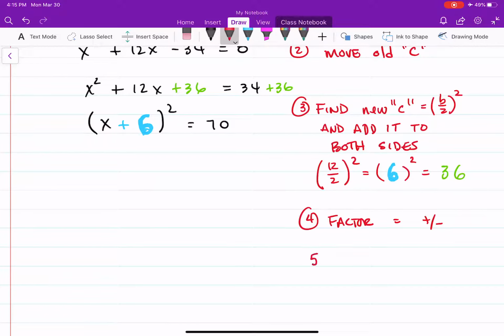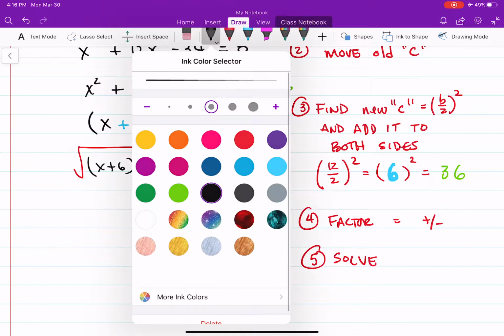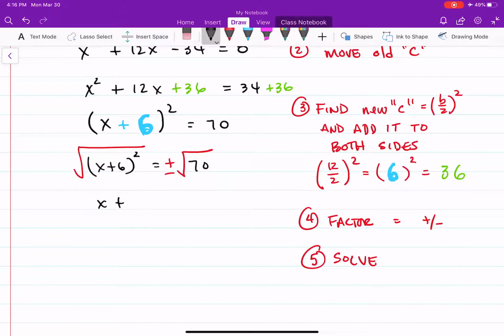And step 5 is to solve. Okay, so I have x plus 6 squared is equal to 70. I want to take the square root of both sides. Don't forget the plus and minus. So I have x plus 6 is equal to plus or minus the square root of 70.